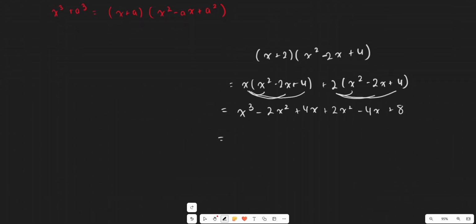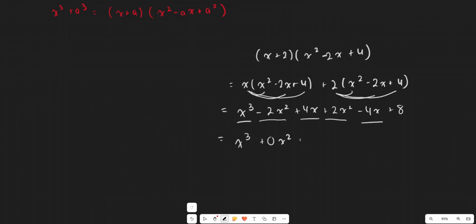Now let's add our like terms. We only have one x cubed. Then we have a minus 2x squared and a plus 2x squared, which leaves us with 0x squared since they cancel out. And then we have a positive 4x and a negative 4x.